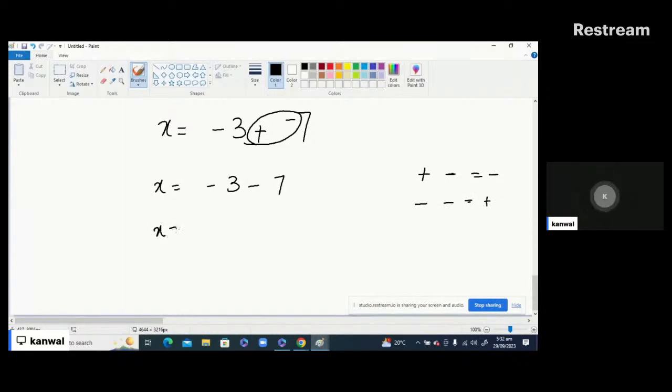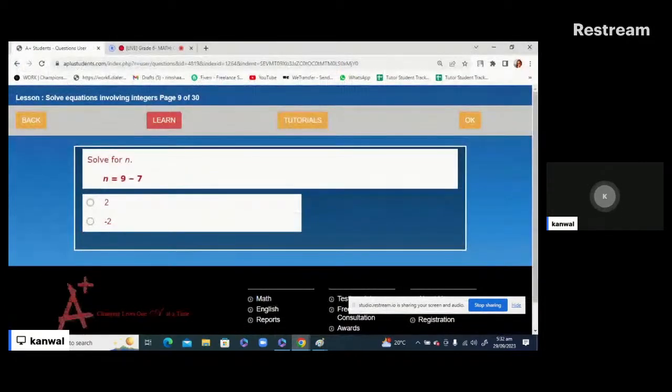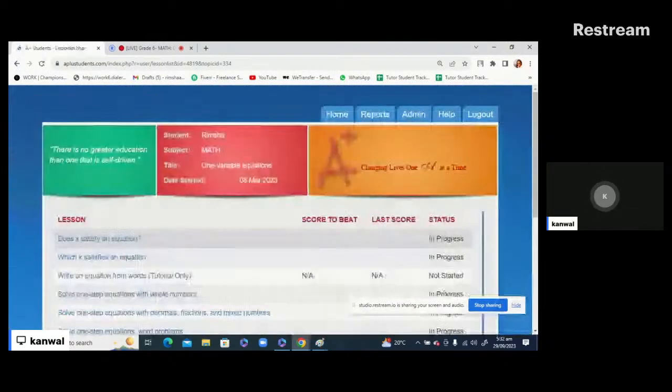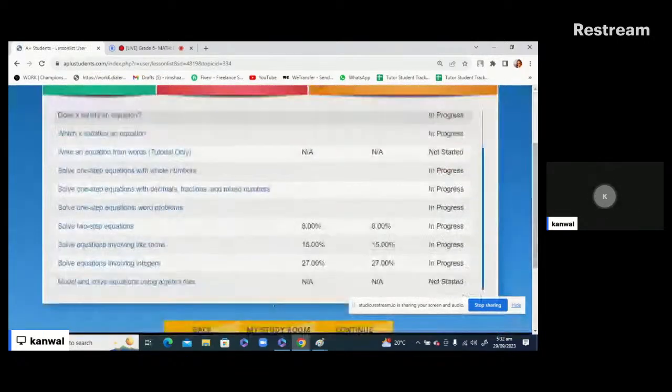Plus. X is equal to 7 plus 3 is 10. But you put the sign with the greatest number, that is the 7, which is a minus sign, then you put minus 10. Okay, hope you guys understand this lesson as well. And now you solve the rest of the questions by yourself for this lesson. Let's do the next.